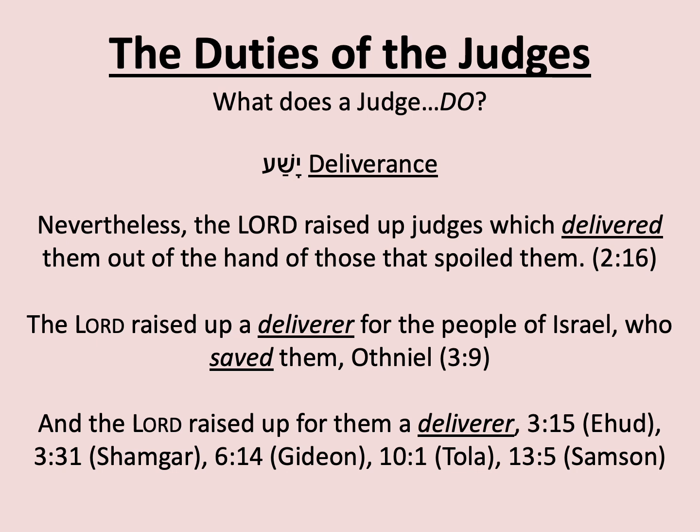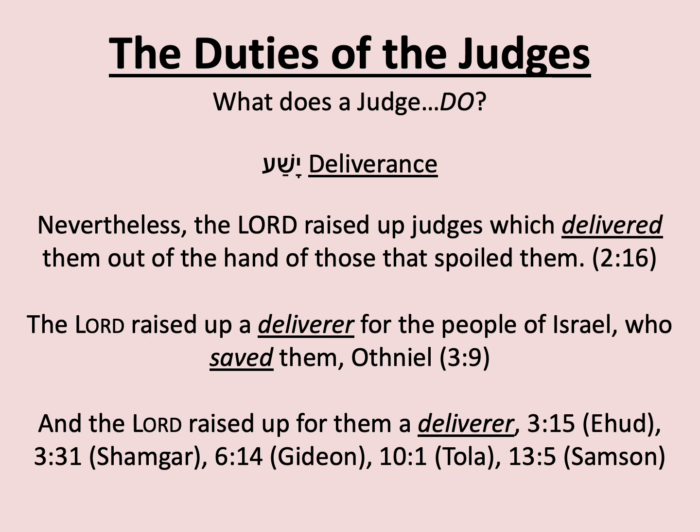Chapter 2, verse 16. We see this first with Othniel in chapter 3, verse 9. The Lord raised up a deliverer, yasha, although a participial form, for the people of Israel who saved them, verb form, Othniel. Othniel was the savior, the deliverer of Israel. We see this repeated again and again and again, that the Lord raised up for them a deliverer.